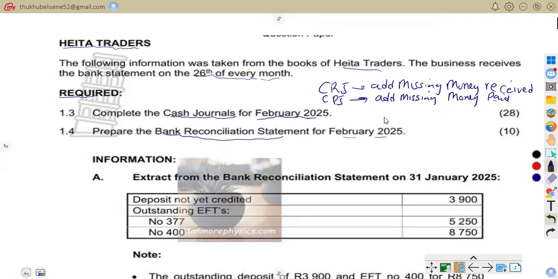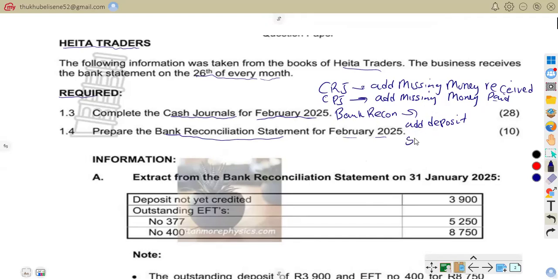Remember, we are even asked to do bank reconciliation. With the bank reconciliation, we are going to add deposits not yet credited. We are talking about the bank errors.